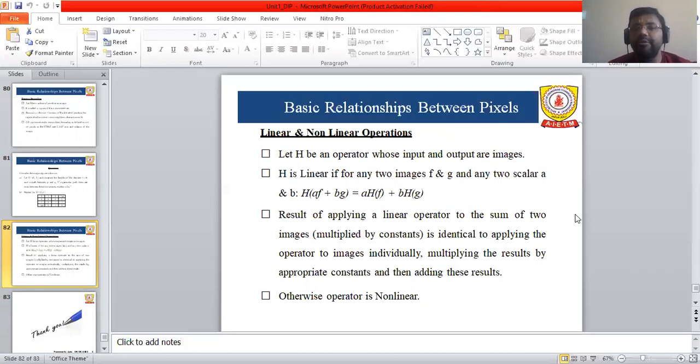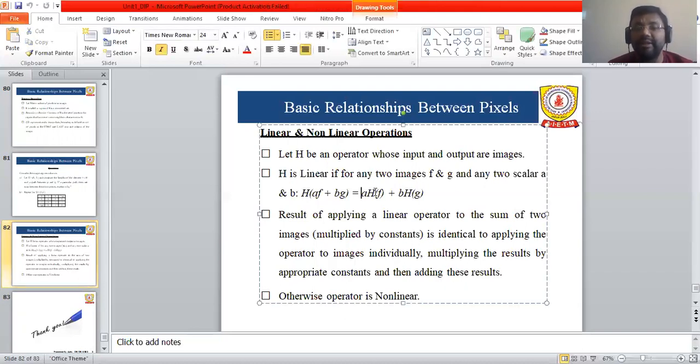Applying a linear operator to the sum of two images multiplied by constants is identical to applying the operator to each image individually, multiplying the results by the appropriate constants, and then adding them. This is the linear characteristic of operator H; otherwise the operator is non-linear.